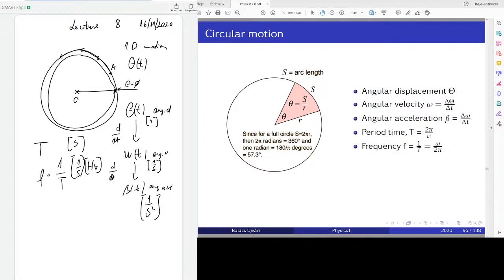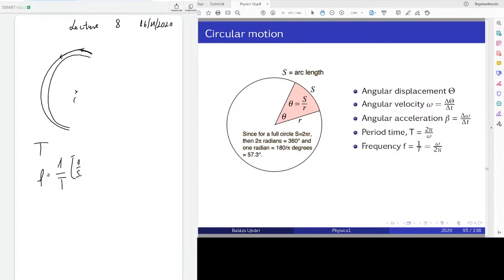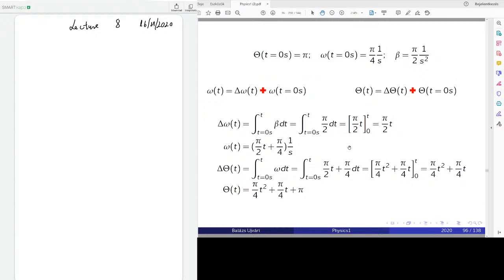To practice, why don't we solve something? This is just repeating the previous lessons. So we have a circular motion, origin, theta equals 0, and at t equals 0 seconds I'm here, and my initial angular velocity is pi.